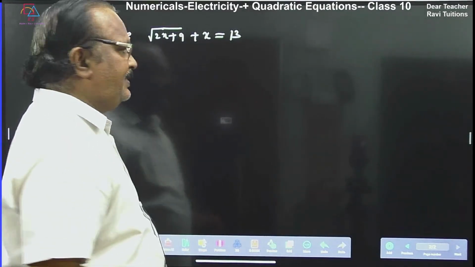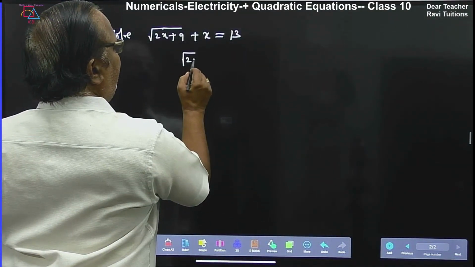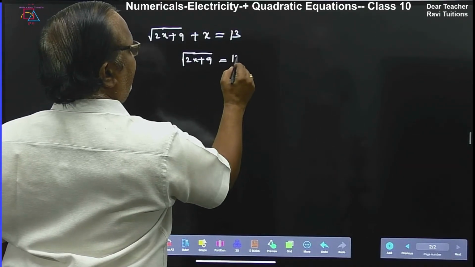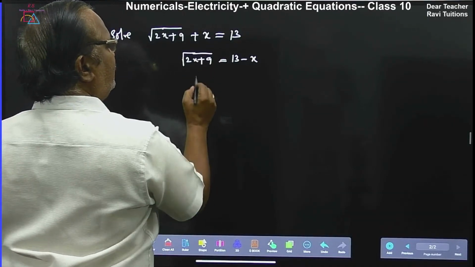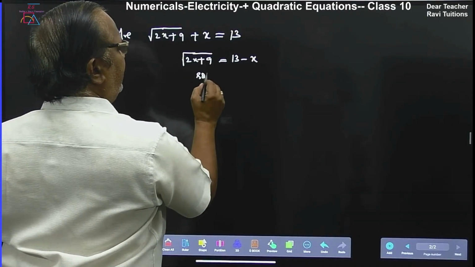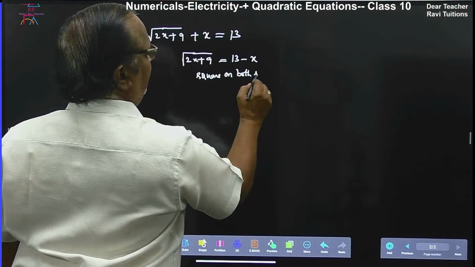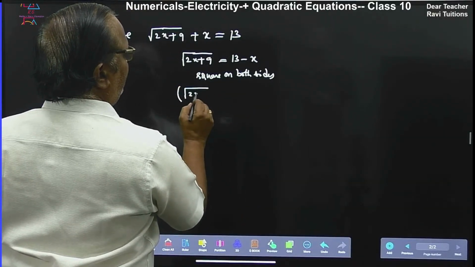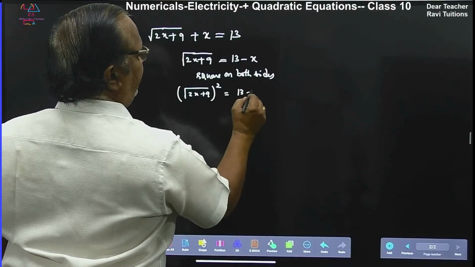So let us see. Keep the root term only on one side and take this x to the other side, so that only the square root term is on one side. Now square on both sides. Then 2x plus 9 equals the square of 13 minus x.